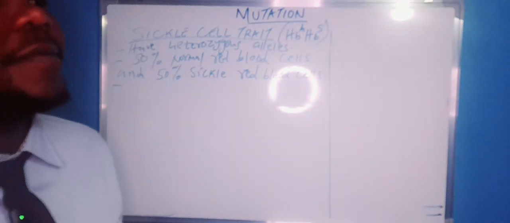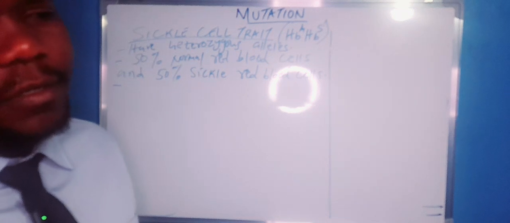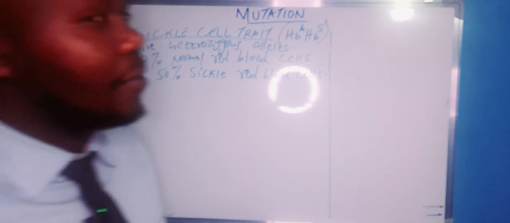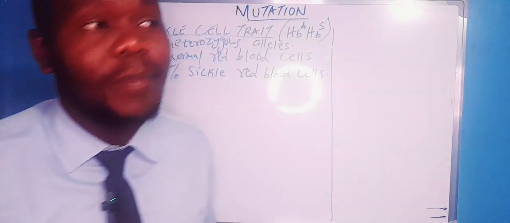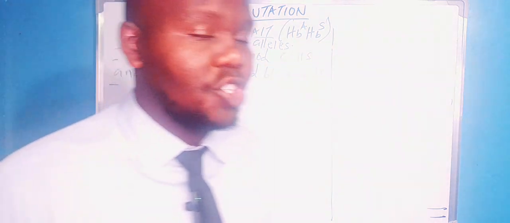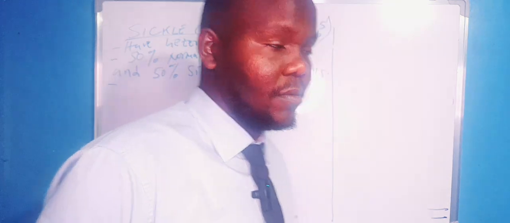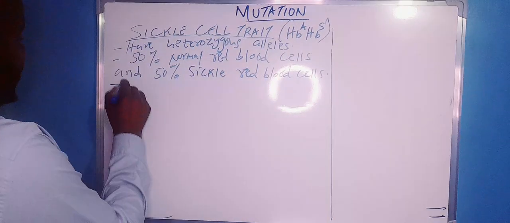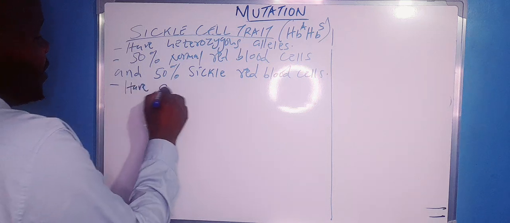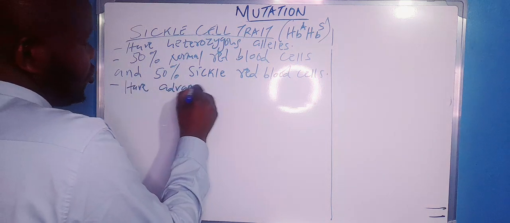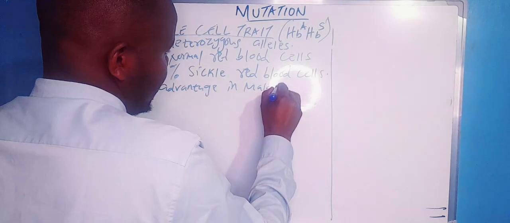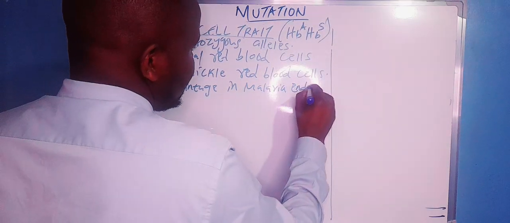From this point, what you should understand is that this person, in the tropical regions where malaria is endemic, gets an advantage of survival. So we are saying they have an advantage in malaria endemic zones.